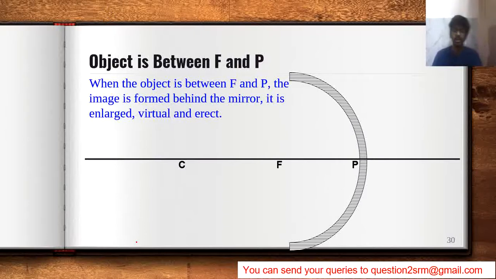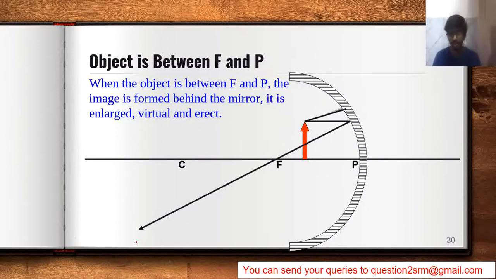Now, last point, the object is between focus and the pole. Okay, so the object is between focus and pole. One line that I have already told will be parallel to the principal axis, the incident ray. This is the reflected ray, and another line will be the same, that is passing through the center of curvature.